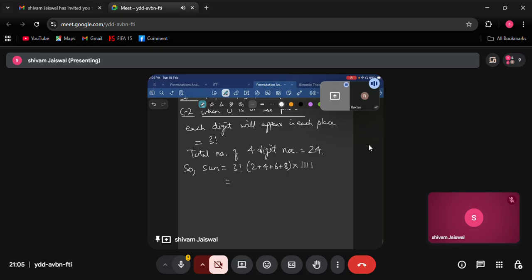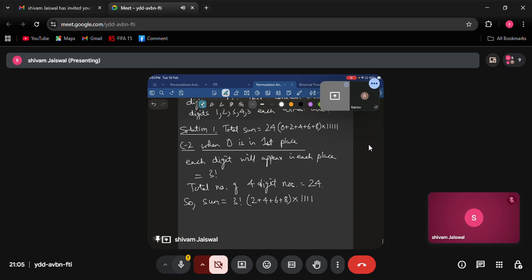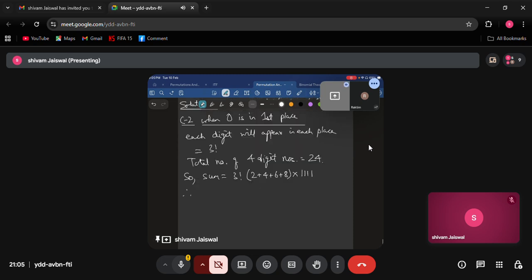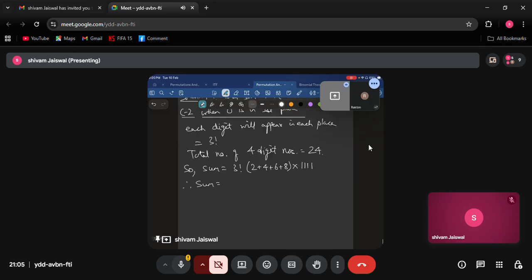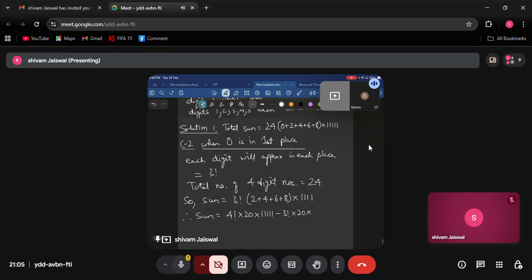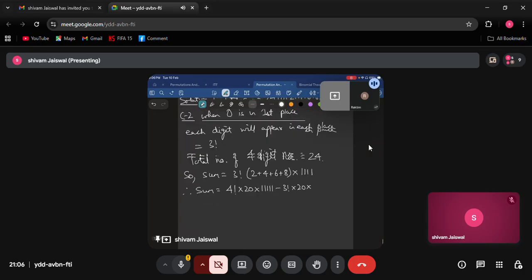This will give us how much? Whatever it is, no problem. So therefore, the final sum will be equal to 4 factorial into 20 into 5 ones, minus 3 factorial into 20 into 4 ones.